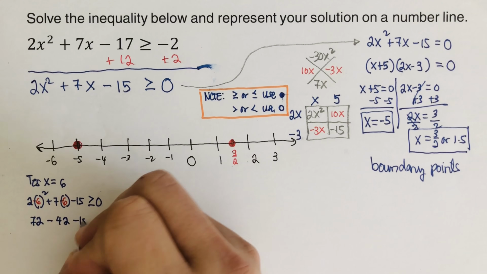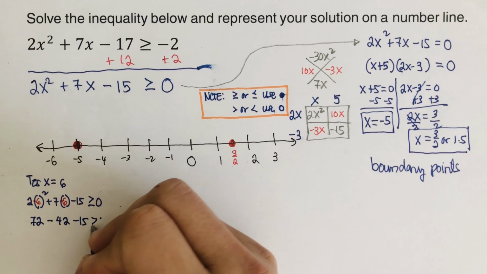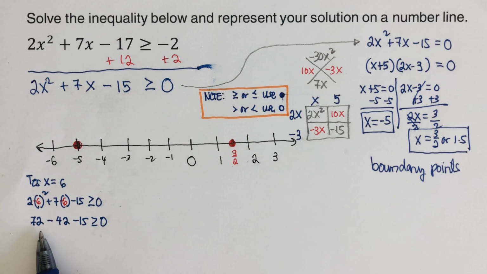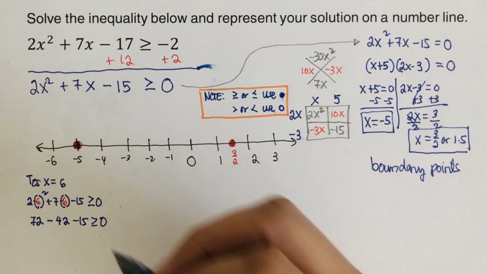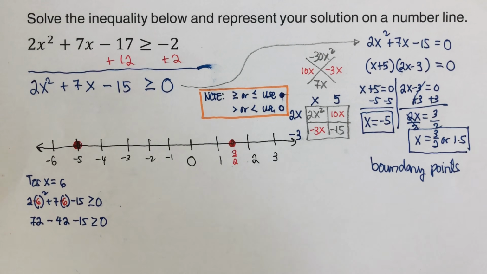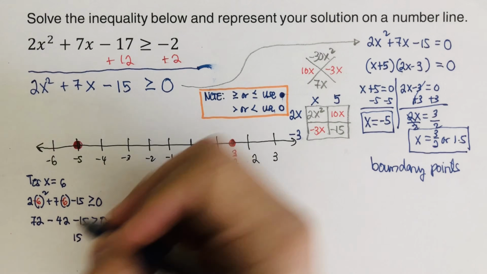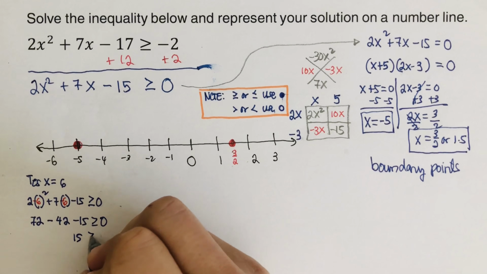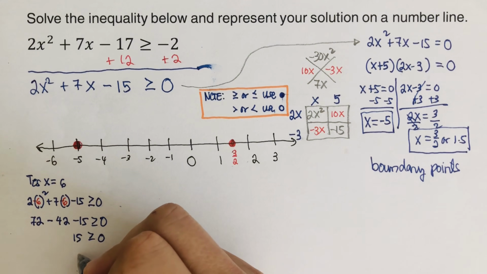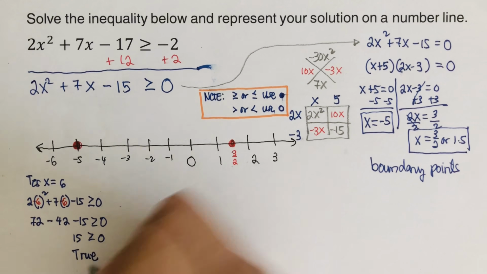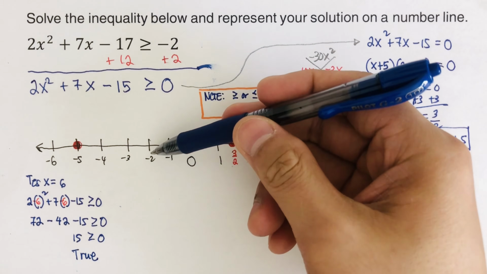And then minus 15 is greater than or equal to 0. If we combine these 3 numbers, this equals 15. So 15 is greater than or equal to 0. That is true.